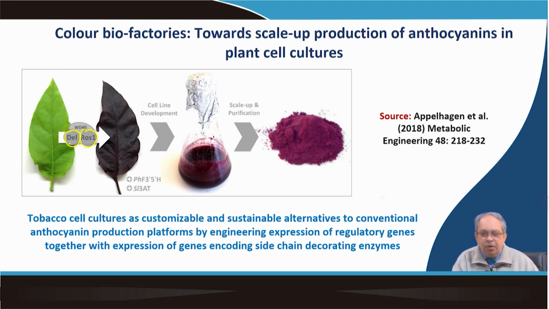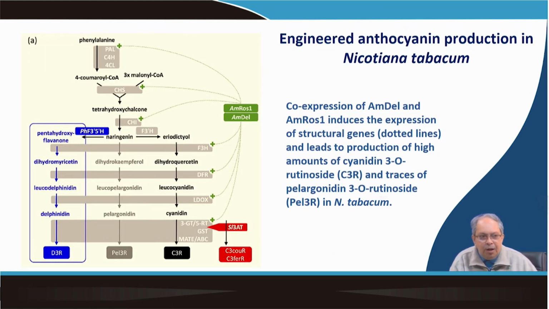These transcription factors are expressed in tobacco, and they normally influence chalcone isomerase, chalcone synthase, flavanone 3-hydroxylase, dihydroflavonol reductase, glucosyl transferase and so on. So these transcription factors play an important role.